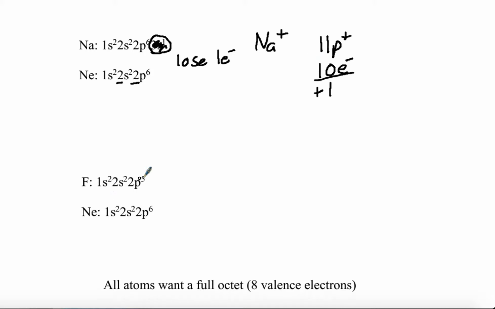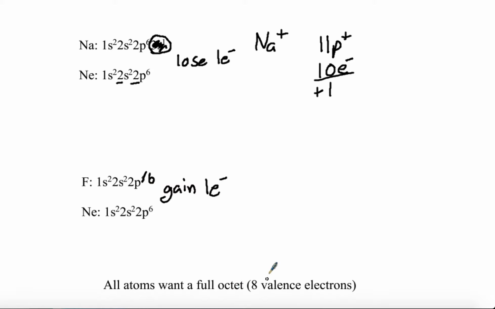Similarly, if we take a look at fluorine, fluorine in the second energy level has got 2 and 5, so 7 valence electrons. Again, comparing this to neon, the closest noble gas to fluorine, it would only need to gain 1 more. So if fluorine can just gain that 1 more electron, this 5 essentially becomes a 6, and now fluorine's got its full octet.